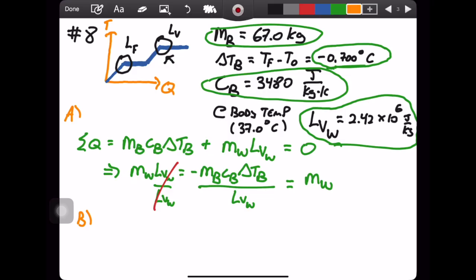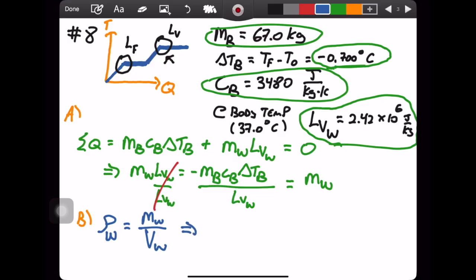This is going to utilize an important relationship in thermodynamics of density, where the density of water is equal to the mass of water divided by the volume of water. Density is mass divided by volume.